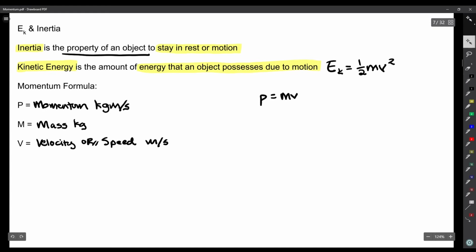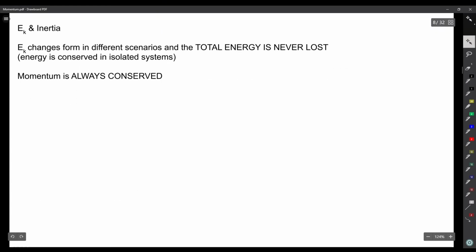So, how do we apply this? Well, first we have to know two important concepts here. Energy, kinetic energy or all energy, changes form in different scenarios, and the total energy is never lost, never. It depends on the size of the system you're looking at.